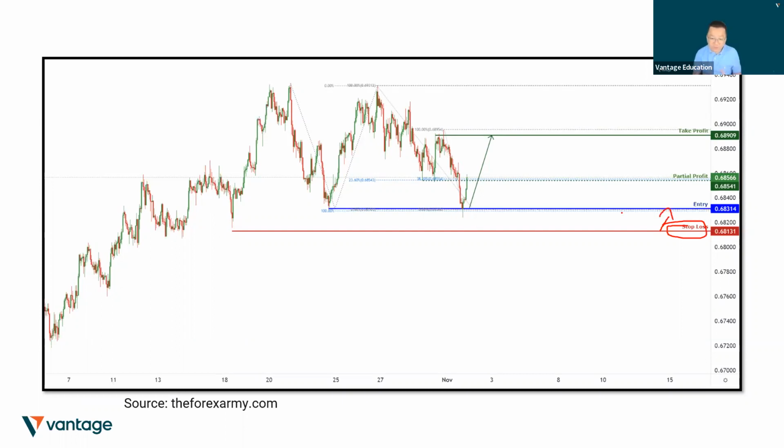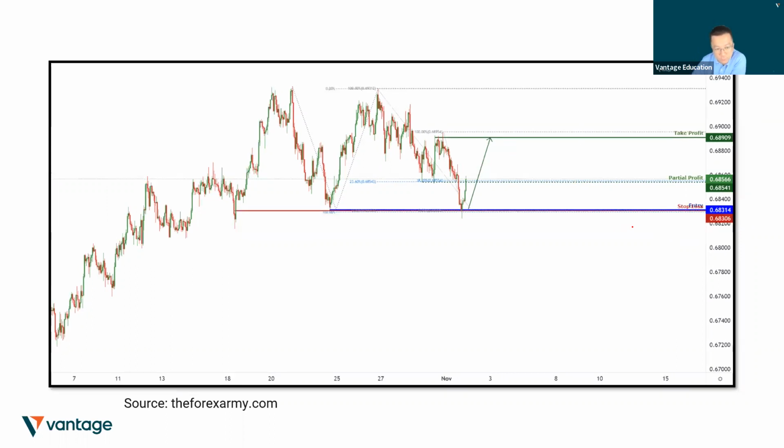You close out part of the trade to secure most of your profits, and then give it a chance to see whether price is going to continue up towards a take profit. And you also want to secure your downside, so you move your stop loss up towards the entry level.